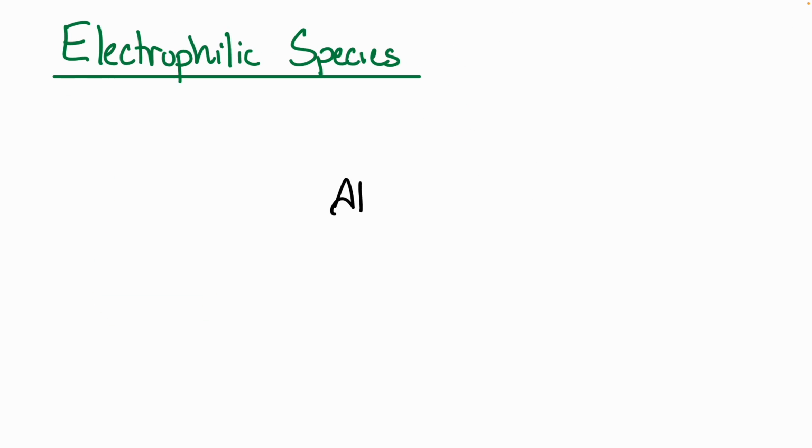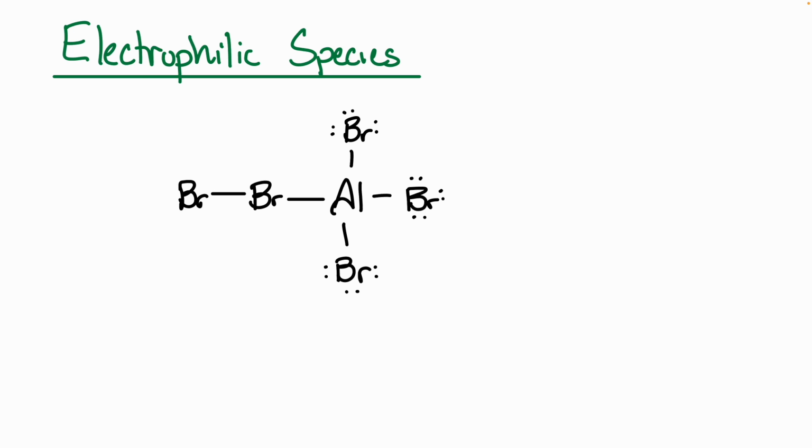So here's my aluminum. It's already got 3 bromines on there. Then it's going to form a complex with our Br2. And this is now a much more electrophilic bromine here on the end.